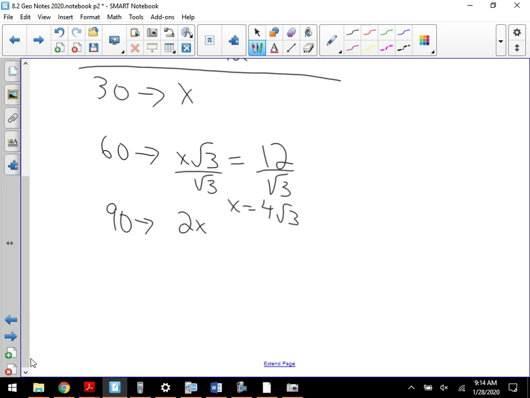If you are in a 45, 45, 90, if you know opposite the 45, then you multiply to find across from the 90.